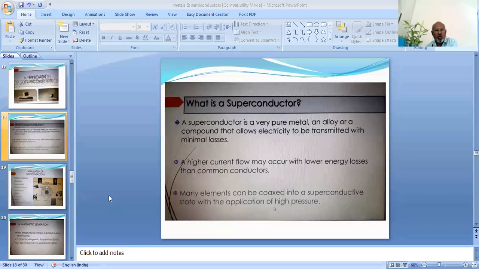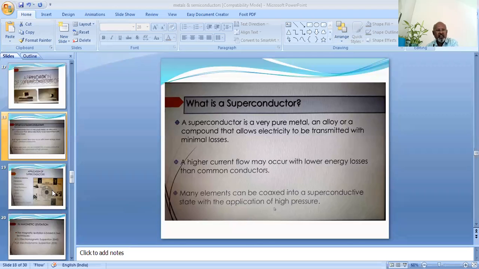So there is no loss as such. A higher current flow may occur with lower energy losses than the common conductors, because yesterday I discussed that about 20% losses are observed during the transmission of electricity from one end to another. Many elements can be coaxed into a superconductive state with the application of high pressure.